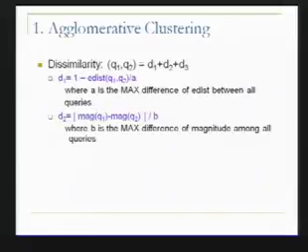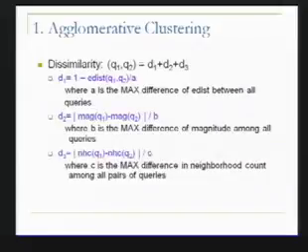Again, the magnitude and neighborhood count. If you look at D3, we want to have similar neighborhood counts. In that case, if they are similar, D3 will be 0. That means we have less dissimilarity if they have a similar neighborhood count. Okay, any questions?